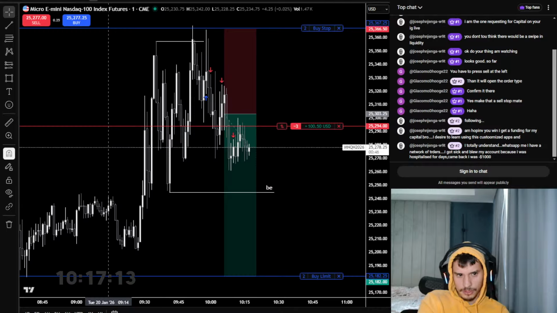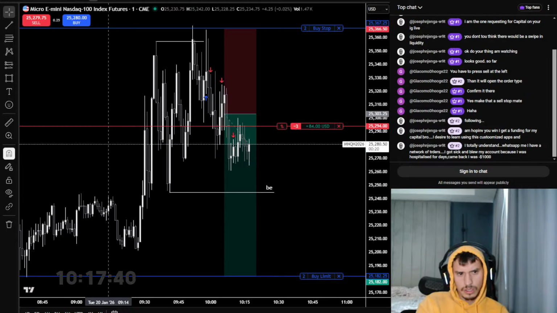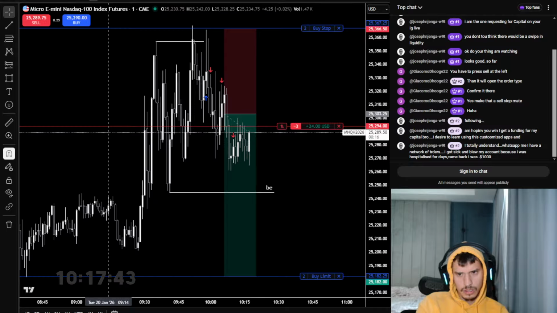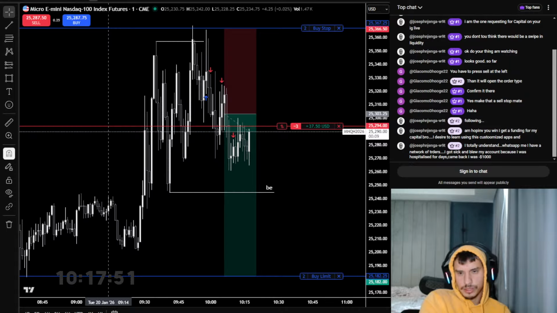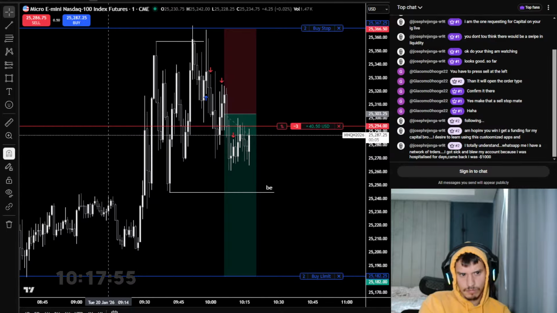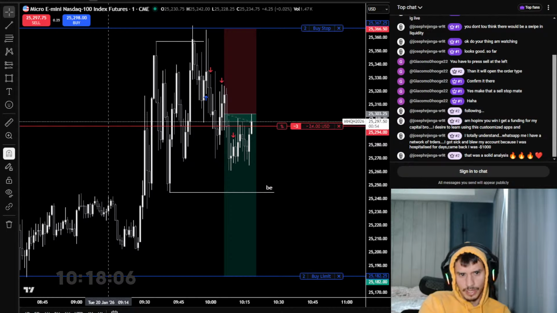I'm waiting to see if this trade offers the break even. Hoping it does. Not counting on it though, if it doesn't. Yes, it's making its way to that bearish order block, which I hope to see some rejection. We're waiting.